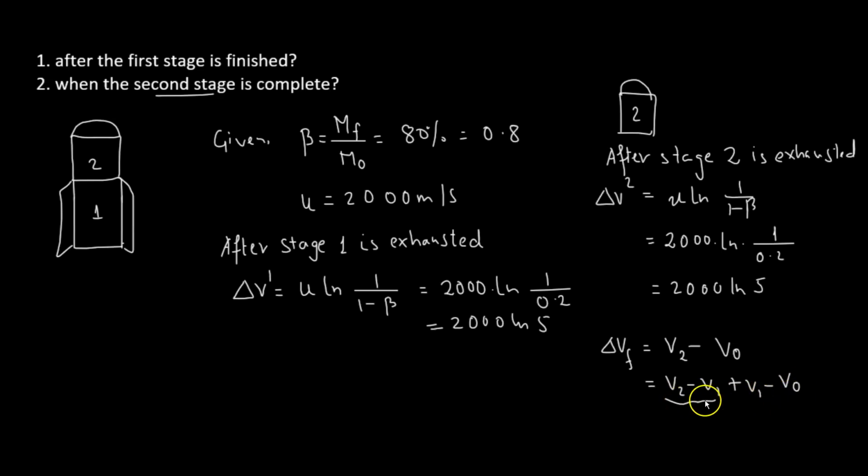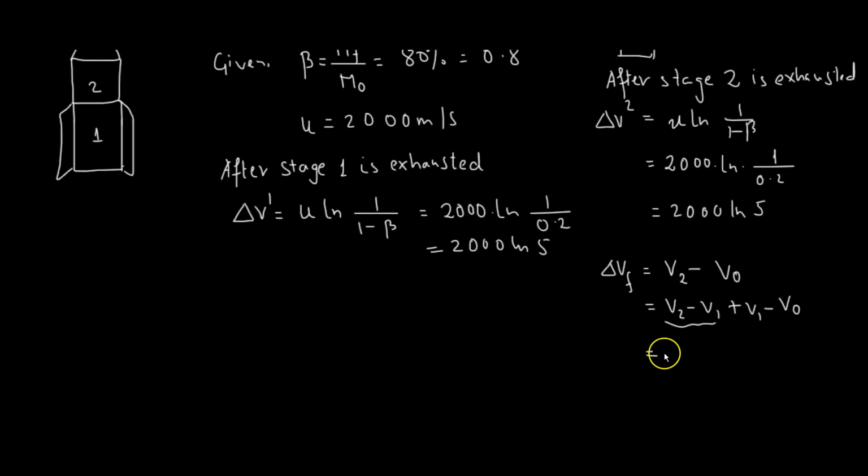We have already obtained v2 minus v1, which is delta v for stage 2, plus v1 minus v0, which is delta v for stage 1. So that's equal to 2 times 2000 natural log of 5, which gives us a value of 6440 meters per second.